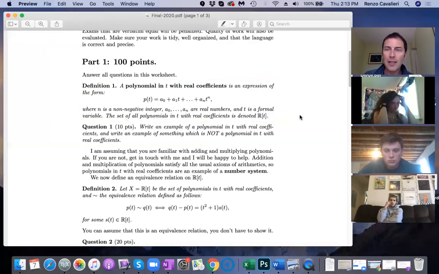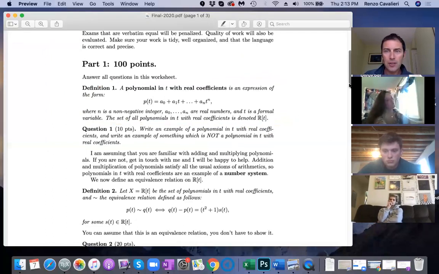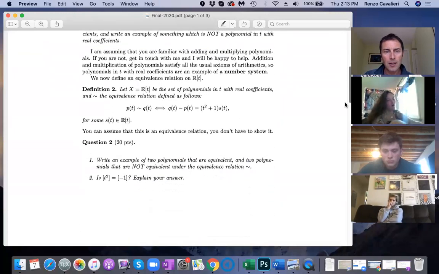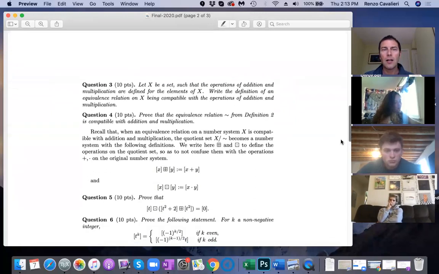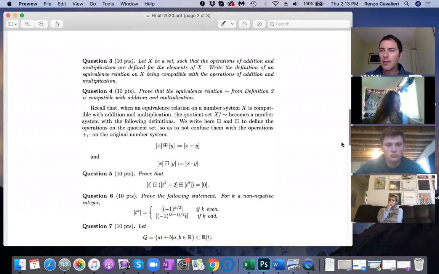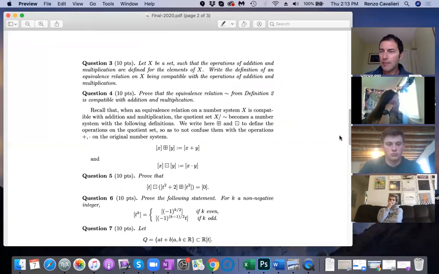Okay, let me then go down and scroll. I want to point out question 3. This has nothing to do with this particular equivalence relation. It's just asking you for a definition that we have talked about in Unit 9, and it's about everybody being able to look back at your notes and show me that you have understood Unit 9.